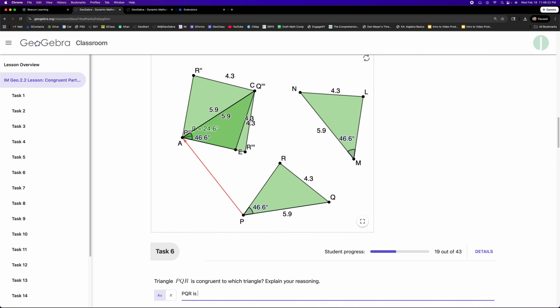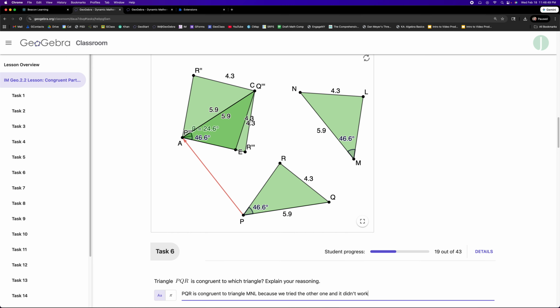So I'm going to say PQR is congruent to triangle M N L, because, well, why? Because we tried the other one and it didn't work.